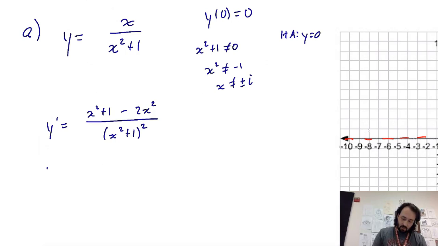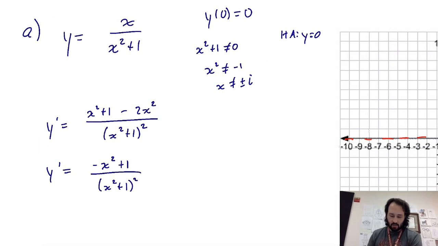Okay, and this would simplify to negative x squared plus 1 over x squared plus 1 squared. So what I can use here, again, I'm not going to have anything where my denominator is equal to 0, still not going to be possible, but x equals plus or minus 1, those are going to be critical points.